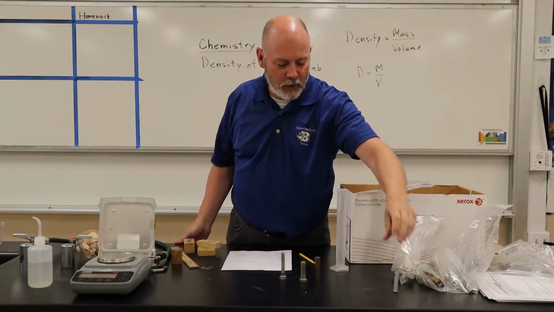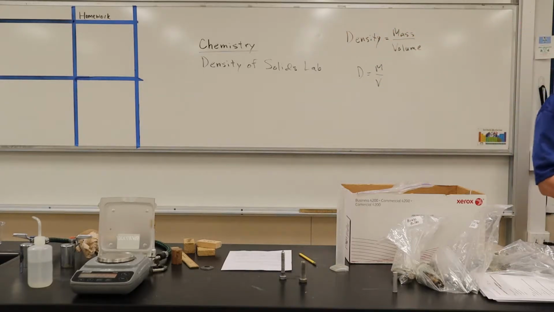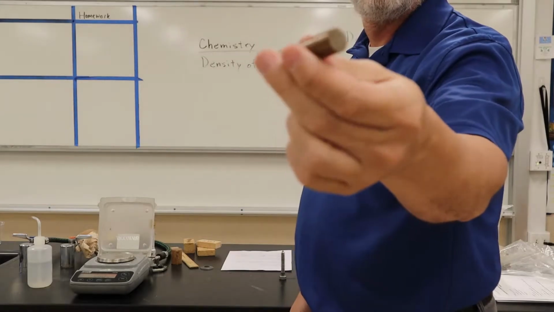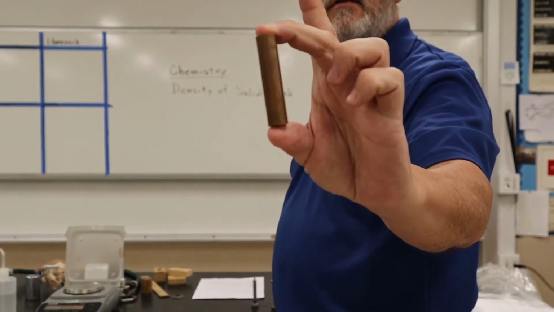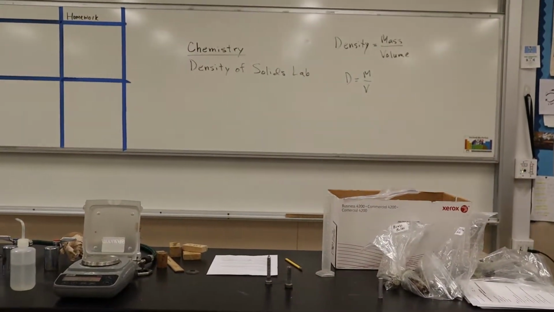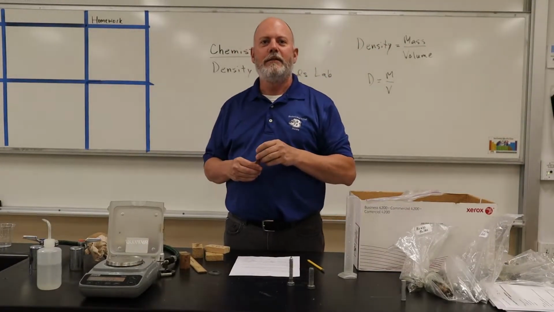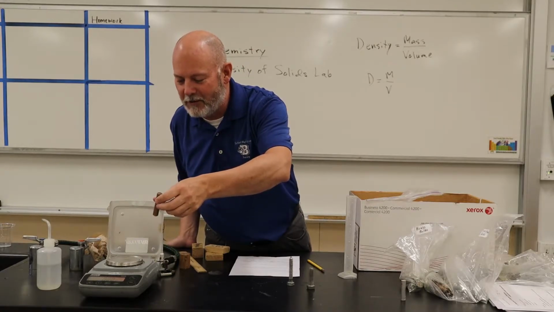All right, so the next metal we're going to do is pure copper. So this is a kind of a solid copper rod. It looks like a cylinder. You get that nice copper color. Kind of like a penny, right? And right now everyone's saying, what's a penny? The coins are gone.